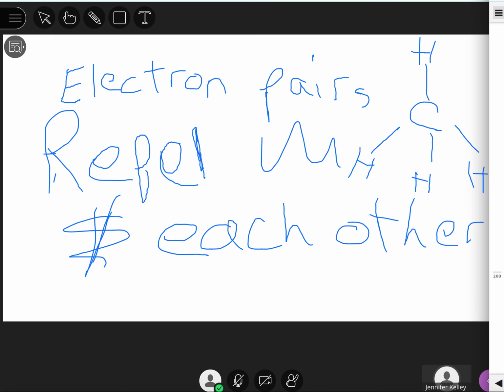And those electrons are going to repel each other so that they're as far apart as they possibly can be before they start to be repelled by something else. So, for example, this one is going to be sort of in between this one and this one. My drawing here doesn't show that very well, but it's repelled by this, and it's repelled by that, so it kind of stays in the middle.